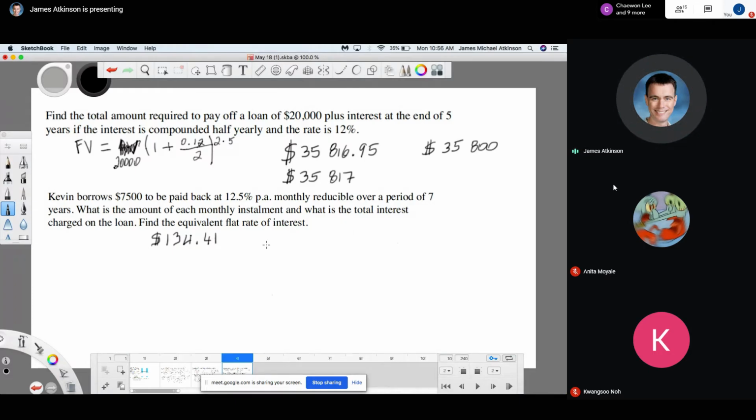And lastly, oh, whoops, not quite lastly, what is the total interest charged on the loan? So if we're making 84 payments of $134.41, let me multiply these amounts. $134.41 multiplied by 84 gives me 11,290.4.